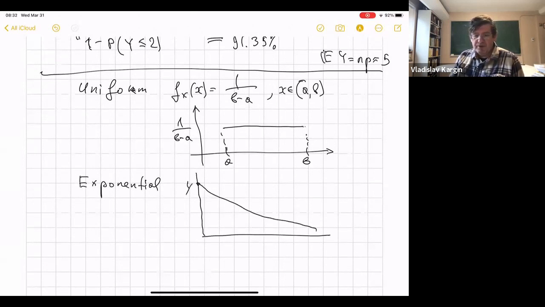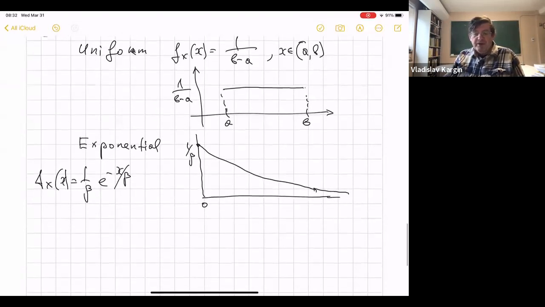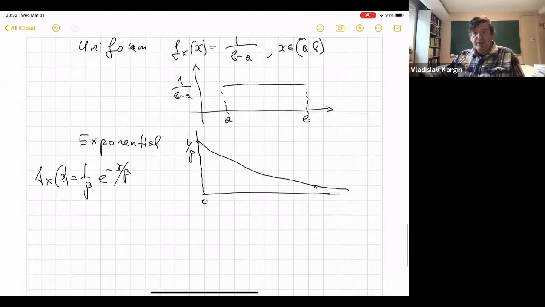It goes from 0 to infinity, and the density was f of x equal to 1 divided by beta times e to the minus x divided by beta. The uniform was a model for something on a finite interval from a to b. Here it is on an infinite interval from 0 to infinity. So it's a useful model for waiting times or any kind of time variables.